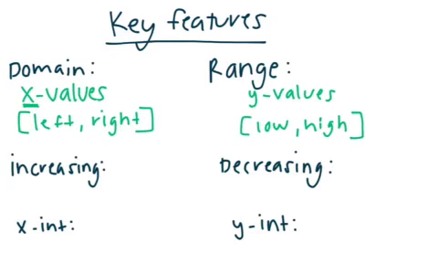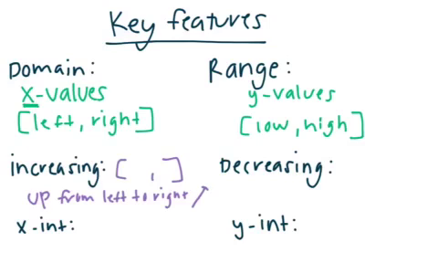Increasing, these are going to be in interval notation. So what I mean by interval notation, so it's brackets or parentheses. And this is when your function is going to be going up from left to right. So it's going to be going upward from left to right.